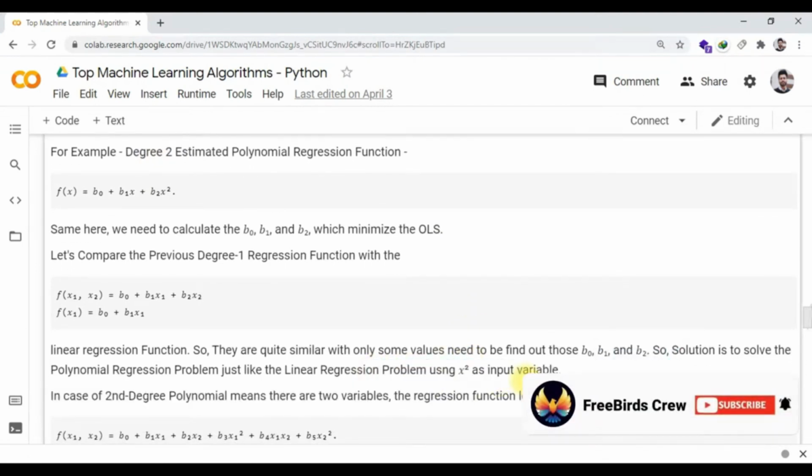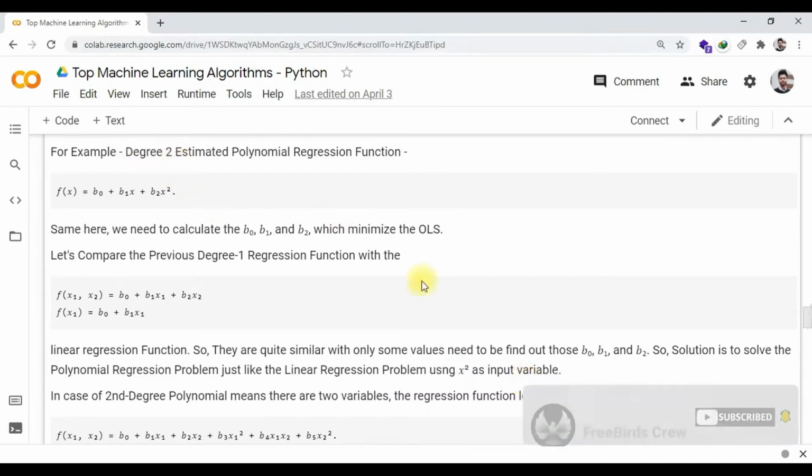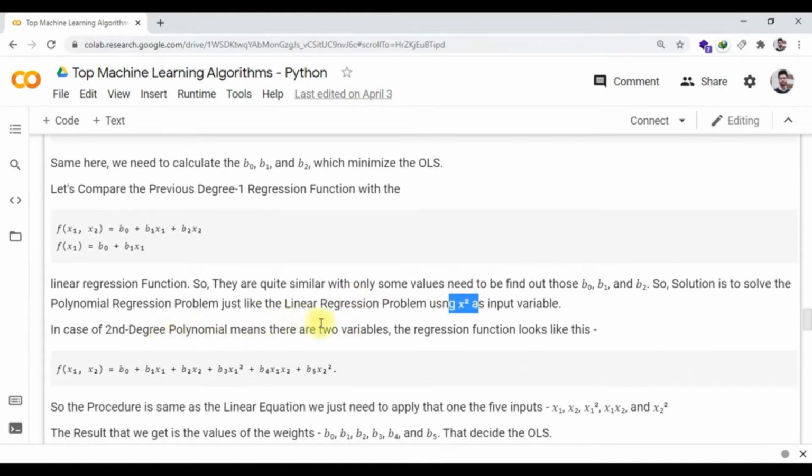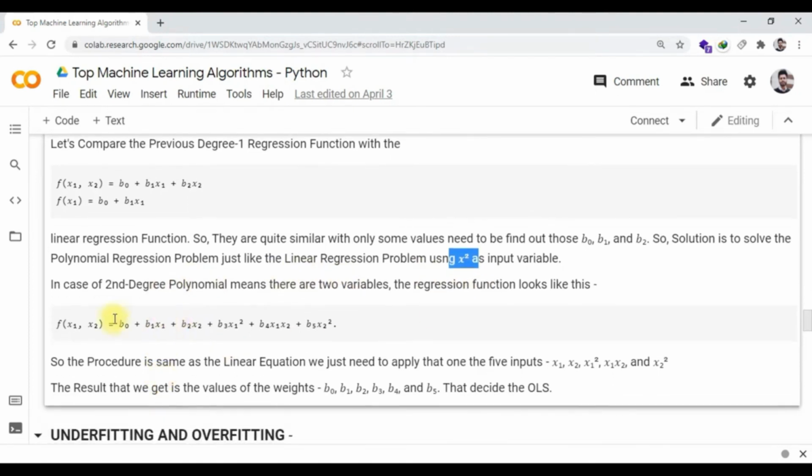Here we go with the degree 2 equation, so I will take x square as my input variable. Degree 2 means there are two variables, and hence we get an equation like this.